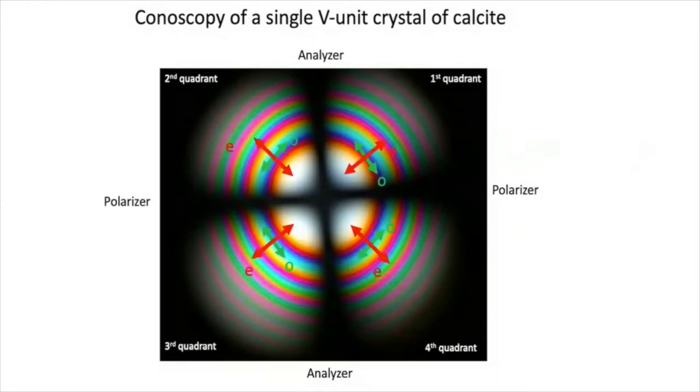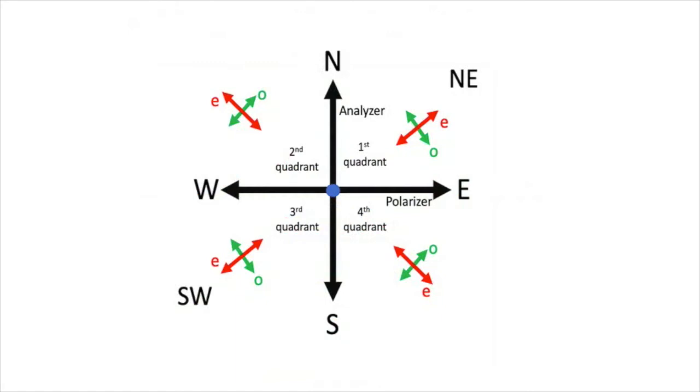Now we must keep in mind that in a conoscopy observation of a crystal, the orientation of the extraordinary and ordinary rays varies from one quadrant to another, like this image represents. Let's simplify the image. These are the orientations of the ordinary and extraordinary rays coming from all directions.